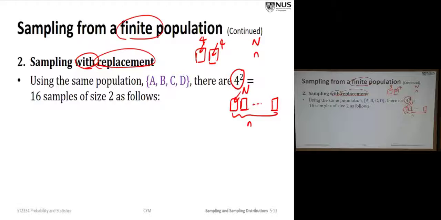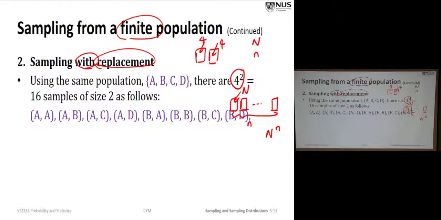I can select 1 out of the N individuals in the population and put it here, and another one I can also select 1 out of the N individuals. So altogether there will be N times N times N times N possible samples if you select with replacement.